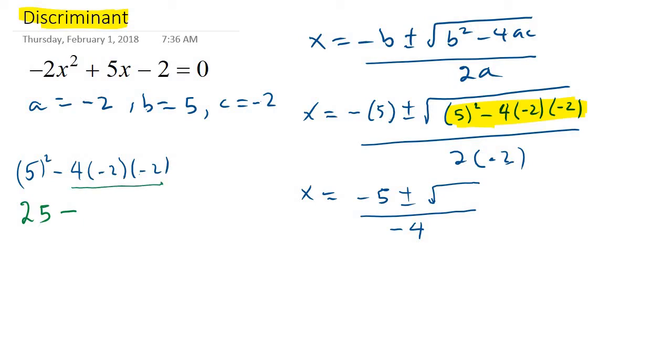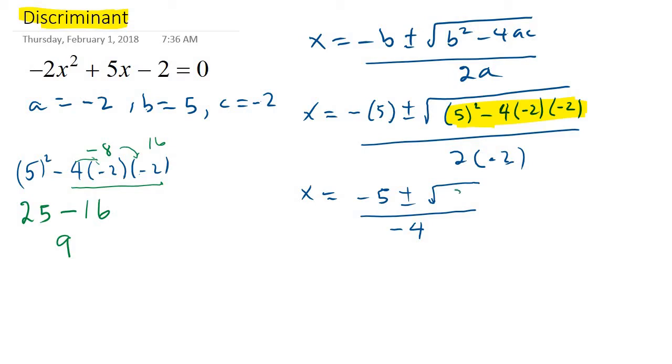So we're going to multiply 4 times -2 is -8, and -8 times -2 will give me 16. So we're going to do 25 minus 16, and that will be 9. So the radicand is actually 9.